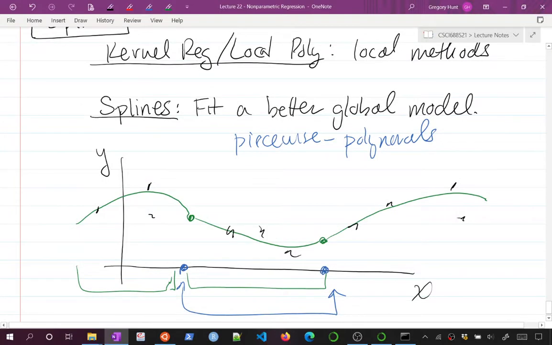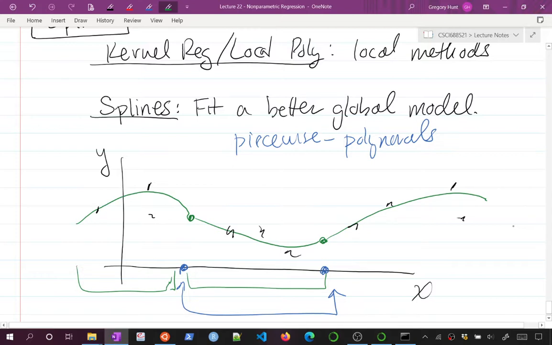If you were to just fit a polynomial regression to it, that polynomial would extend over the whole x-axis. And so the behavior at one end is going to be influenced by the training points at a really far away point. What the local methods, kernel regression, KNN, local polynomial regression, did is they got rid of that global assumption.